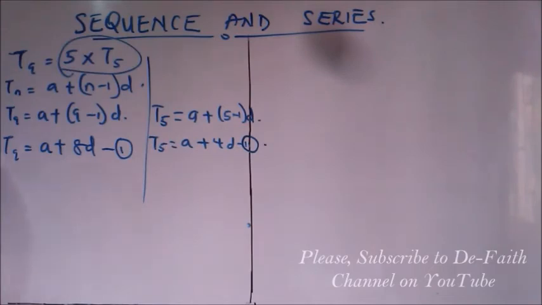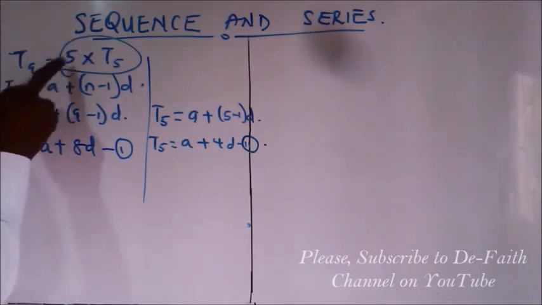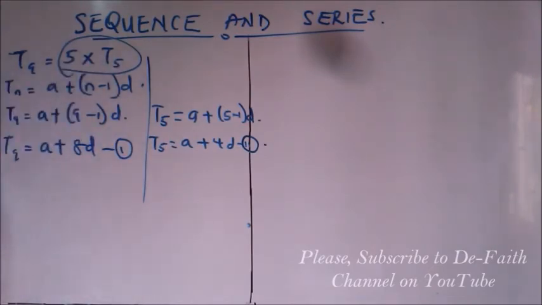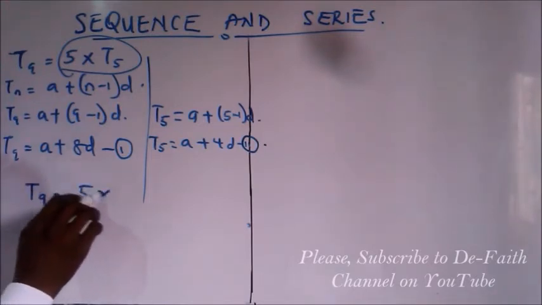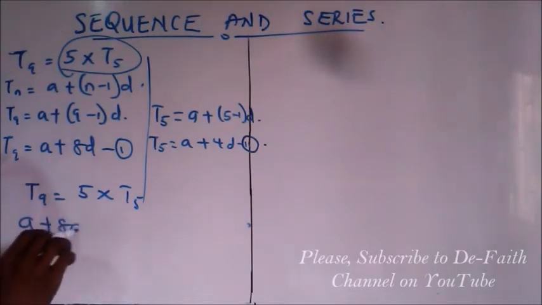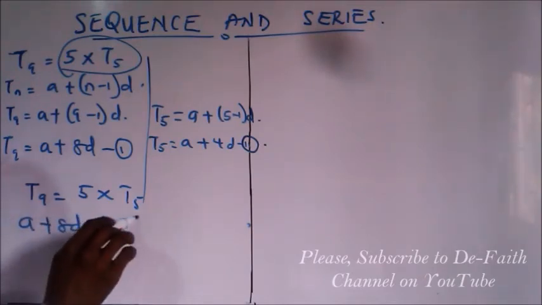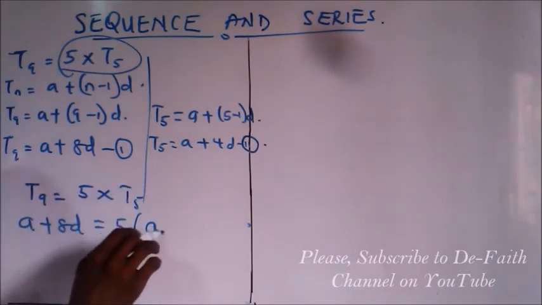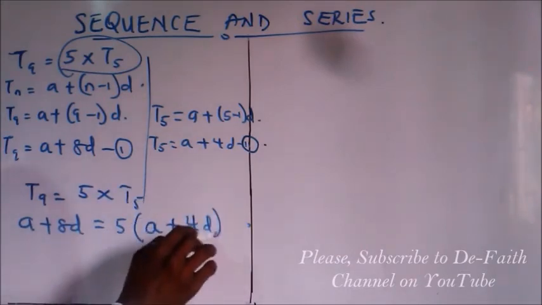At this junction, we have that T9 equal to 5 times T5. So we have T9 equal to 5 times T5. Our T9 is A plus 8D. Then 5 multiplied by T5 is A plus 4D.